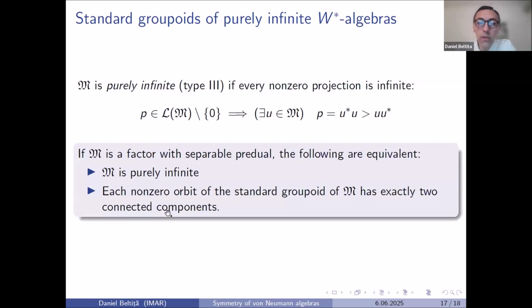And because of this remark, we can express pure infiniteness by the fact that every non-zero orbit of the standard groupoid has exactly two connected components, namely 0 and the other ones. So even this property can be expressed.